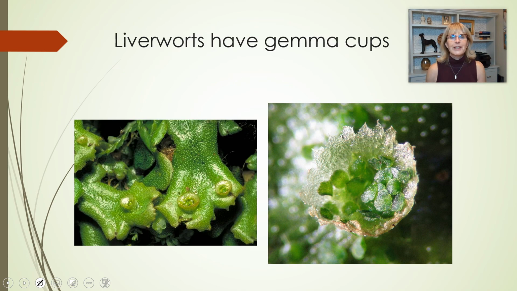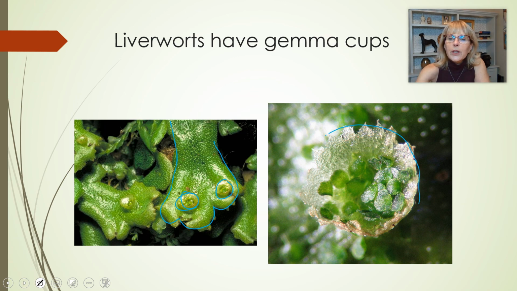So, great. A little bit more about this. One other thing that some of the non-vascular plants can do, like the liverworts, is they can reproduce asexually by these things called gemmae. This is a leaf-like structure, haploid, and on the liverworts, there are these little cups.